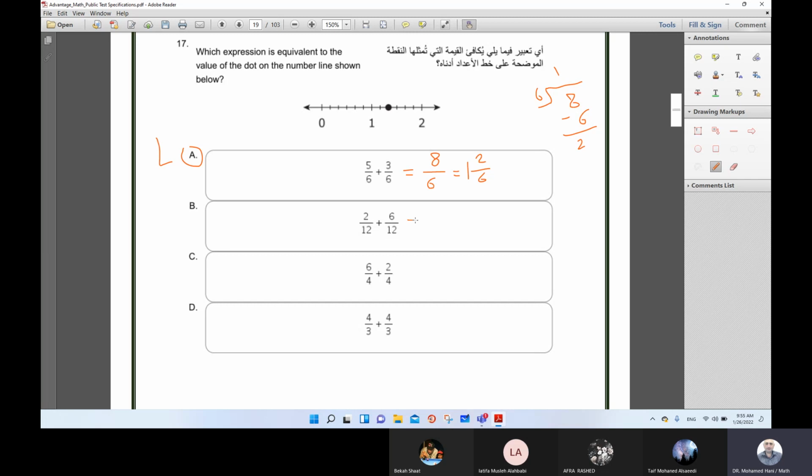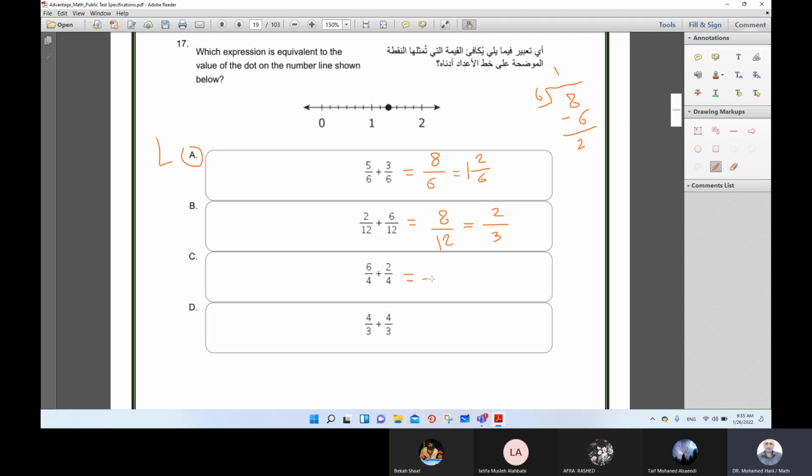And this value here, 2 plus 6 will be 8 over the same denominator, over 12. We can do simplest form here. Divide by 4 up, divide by 4 down, will be 2 over 3.